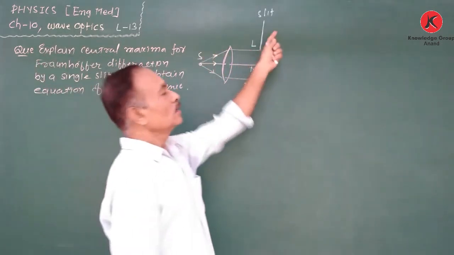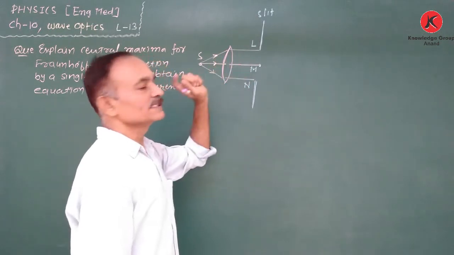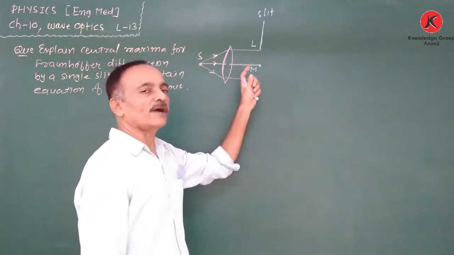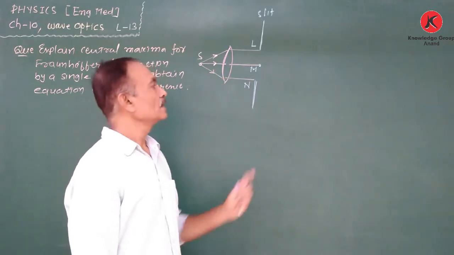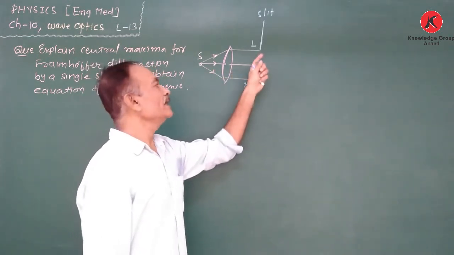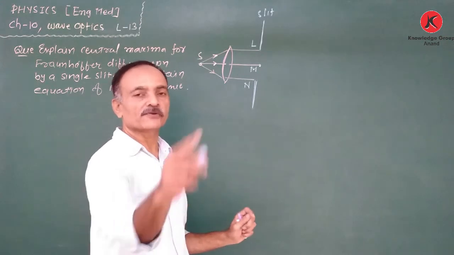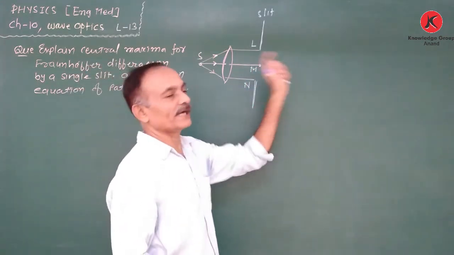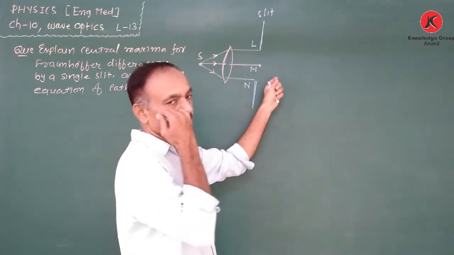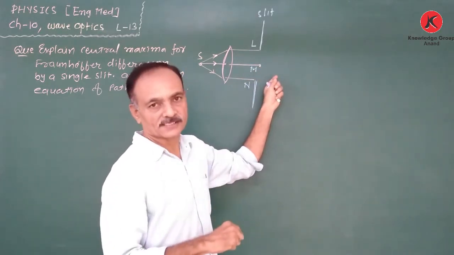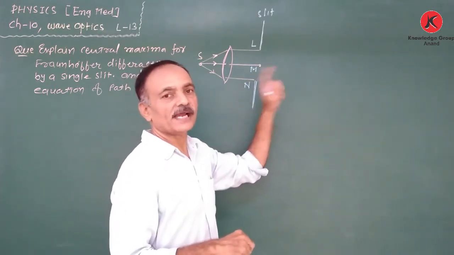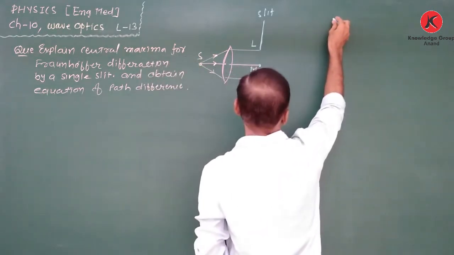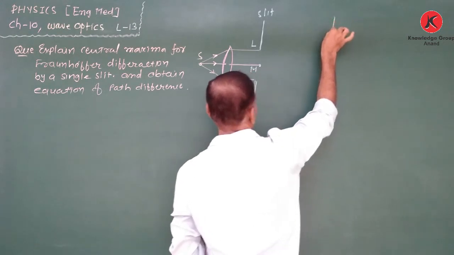Now, according to the Huygens principle, all the points on the wavefront act as independent secondary sources and produce secondary spherical waves. These spherical waves propagate in the medium, superpose on each other and form interference. Due to constructive and destructive interference, bright and dark points are obtained on the screen.